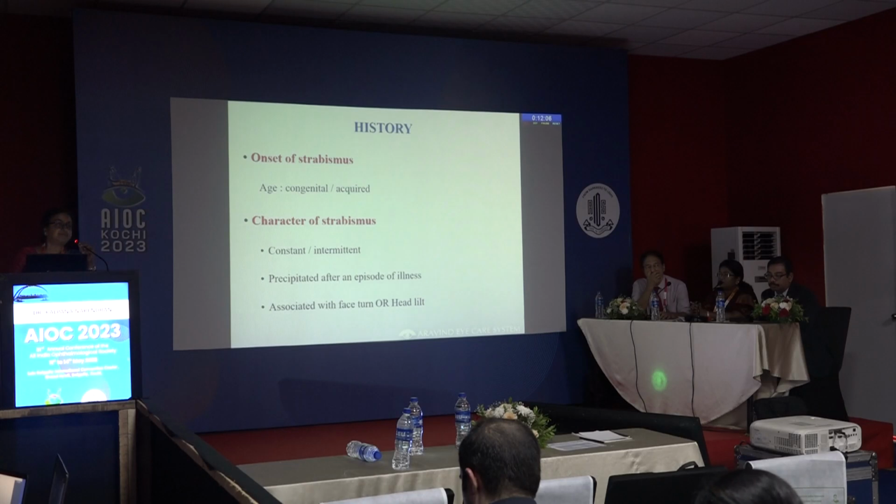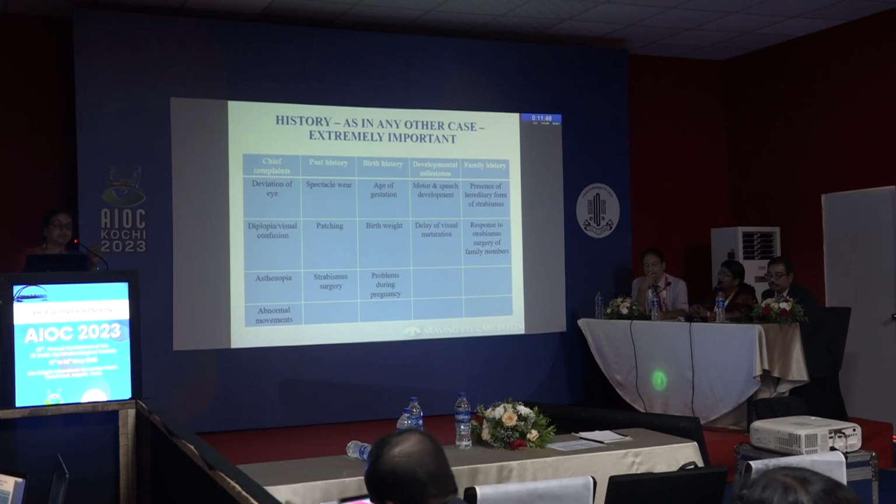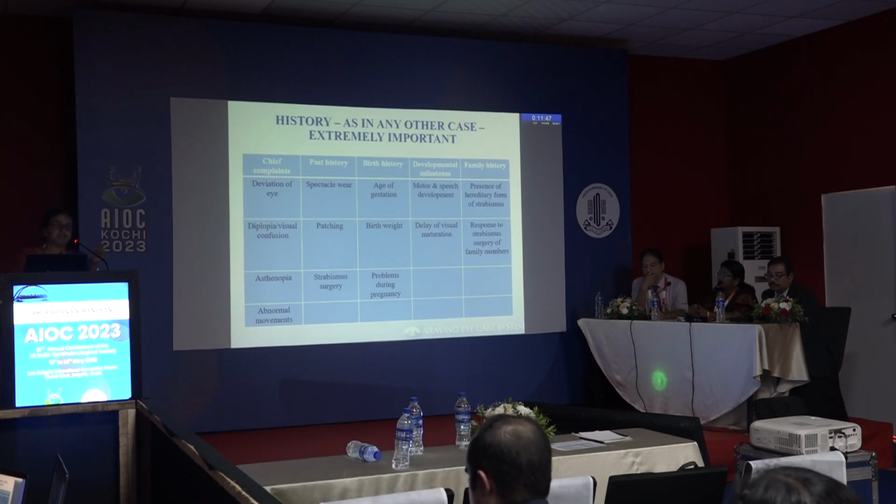And sometimes superior oblique, fourth nerve palsies or nystagmus can present with a face turn or a head tilt. Again, in more detailed history, you have to ask chief complaints, deviation of eye, spectacle wear, age of gestation, because prematurity can be associated with strabismus. Family history is very important, because strabismus can run in families, especially certain syndromes like Duane's retraction syndrome, which can run in families, especially in women and more in the left eye.